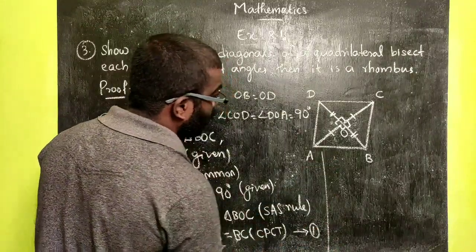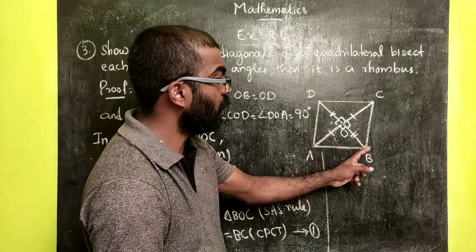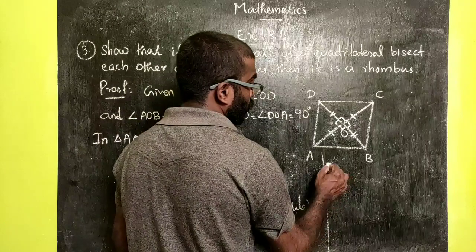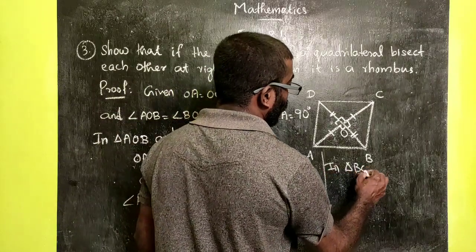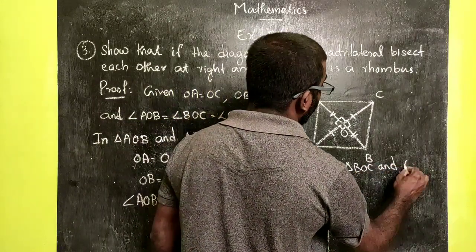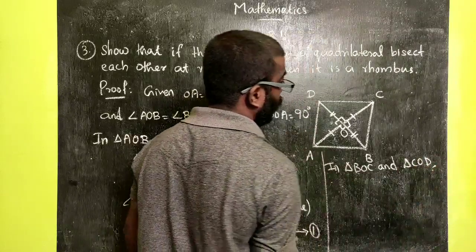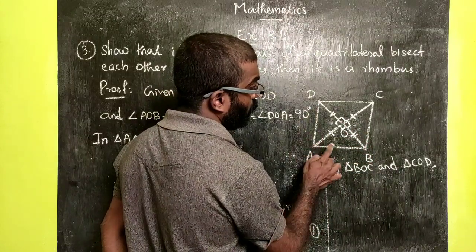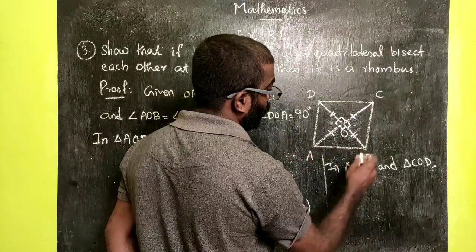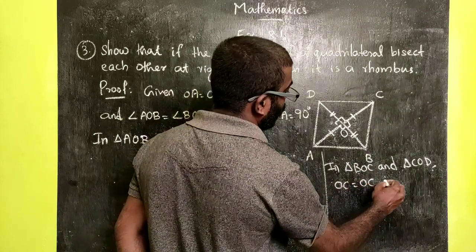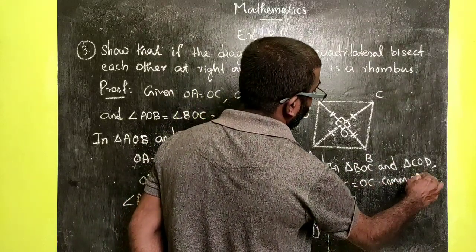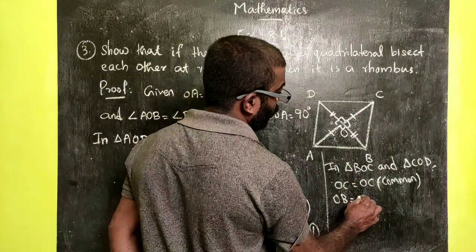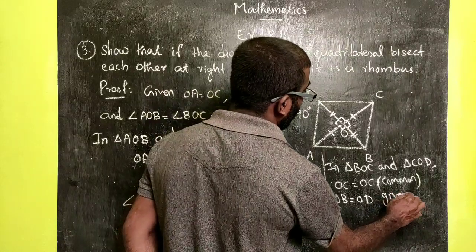Similarly, we can consider the next pair of triangles, namely triangle BOC and triangle COD. In triangle BOC and triangle COD, we can write a similar proof. OC is equal to OC, common. Then, OB and OD are equal. It is given, diagonals bisect each other.